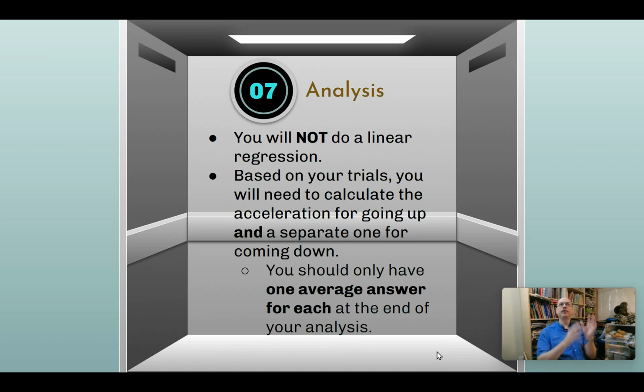And then you can take your 3 accelerations for going up, average them and give 1 acceleration up. Your 3 accelerations for coming down, average them and give one average value for coming down. So that by the end of all of this, I've got 1 value for up and 1 value for coming down.